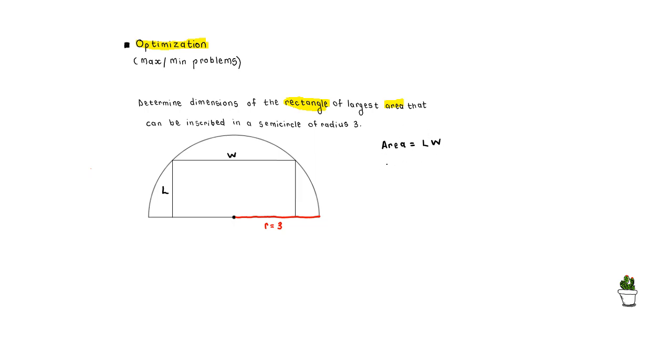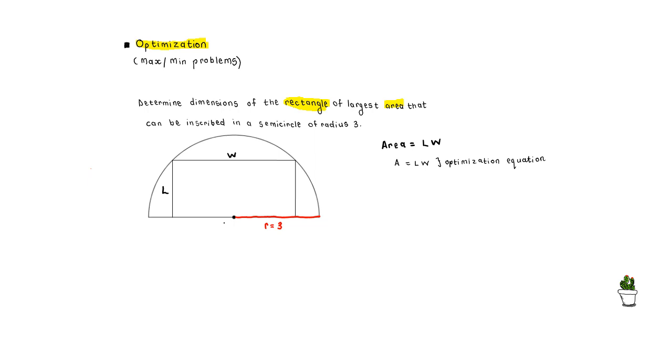I'm going to call this A for area equals length times width. So now we need to find ourselves another equation. We call this one our optimization equation.